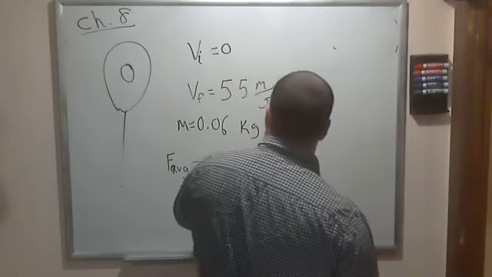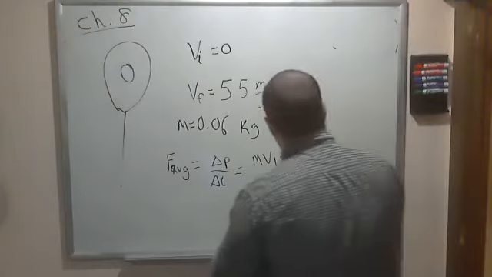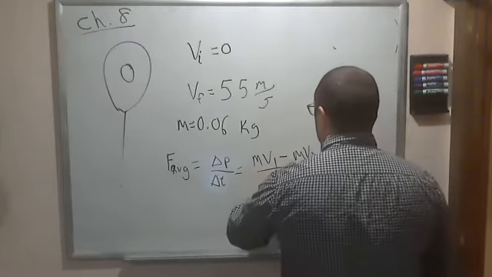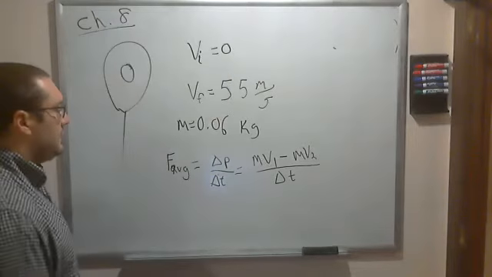So we would have M1 minus M2 over delta T. And this is the time that the ball is in contact with the tennis racket.